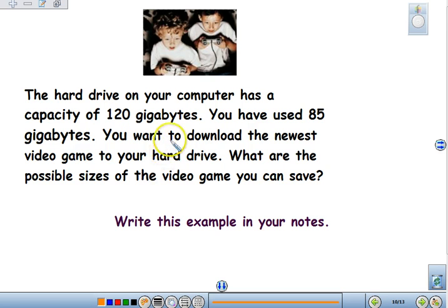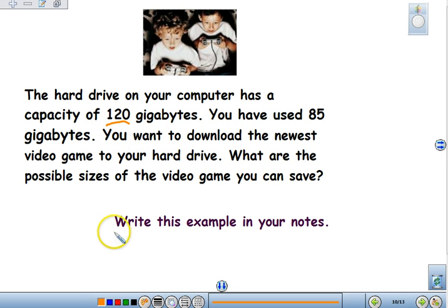Last example that we're going to take a look at before you start your homework is that you have a hard drive on your computer and it has a capacity of 120 gigabytes. You've used 85 gigabytes, but you want to download the newest video game on your hard drive. What are the possible sizes of the video game that you can save? So keep in mind that we have 120.